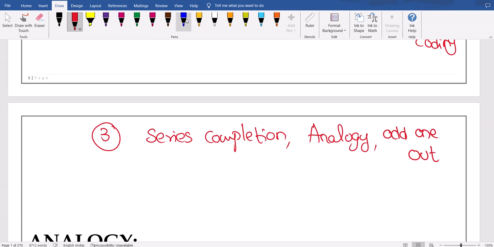And especially, on the paper we can find reasoning: the second section is critical reasoning or critical thinking and problem solving, 18 questions. In abstract reasoning 15, that's 33 questions, verbal 17, 17 plus 33, 50. But technically speaking, concept-wise, for analogy and odd one out you need a bit of English.